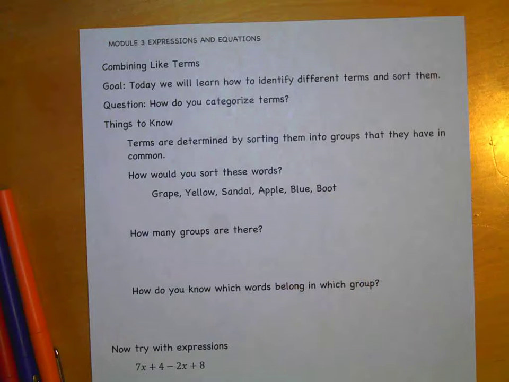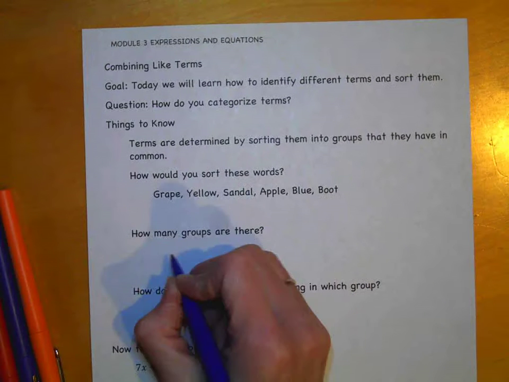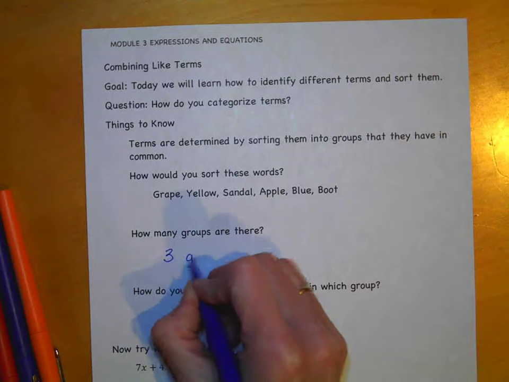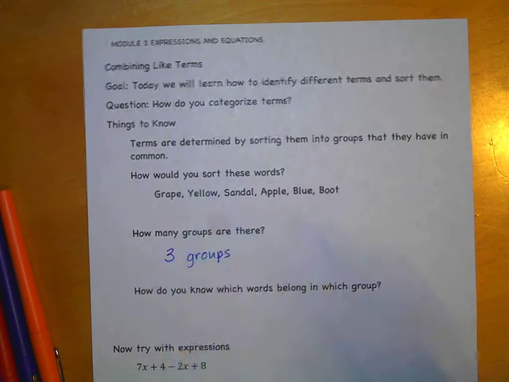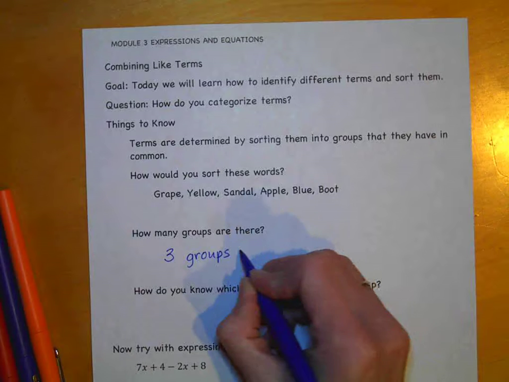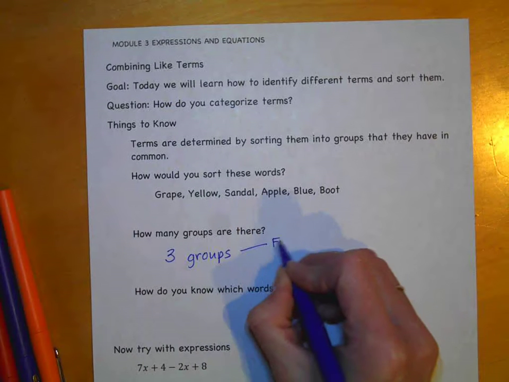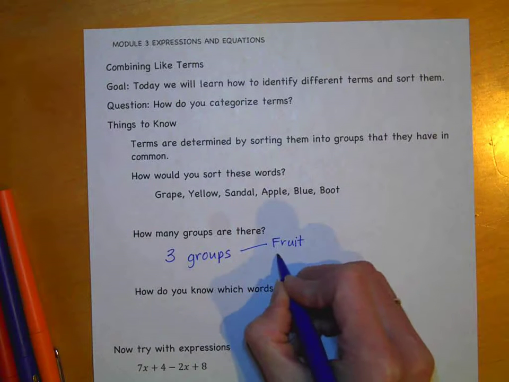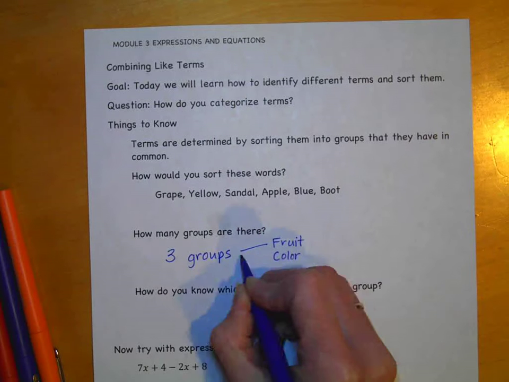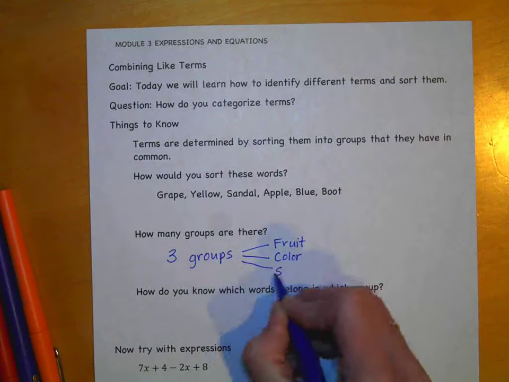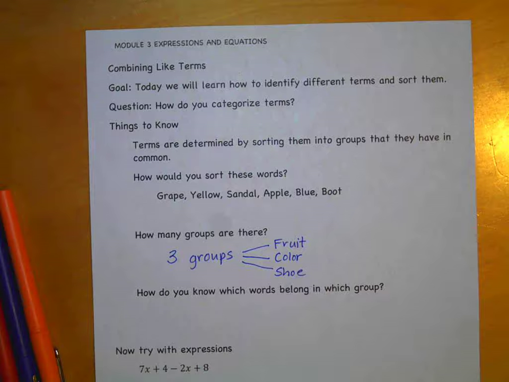I would say there are 3 groups: a fruit, a color, and a shoe.